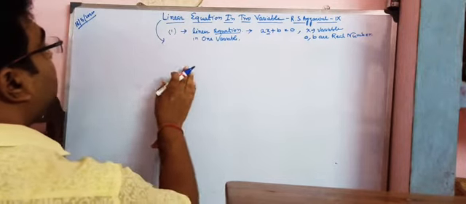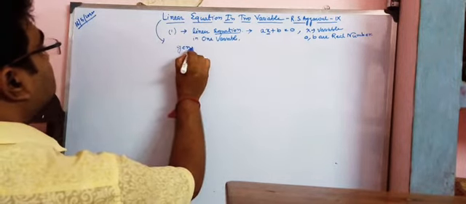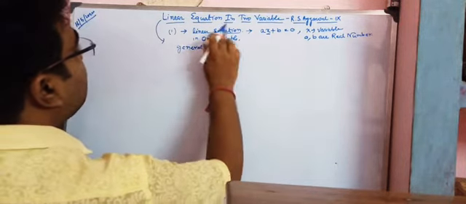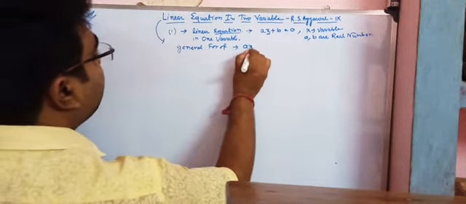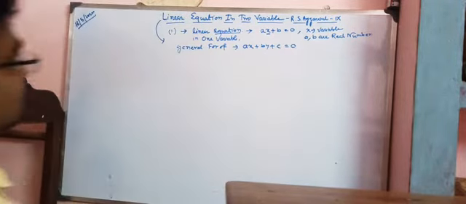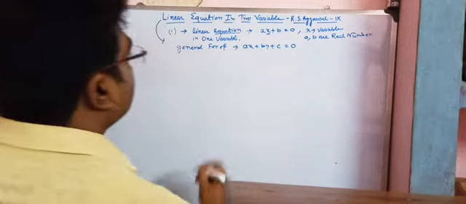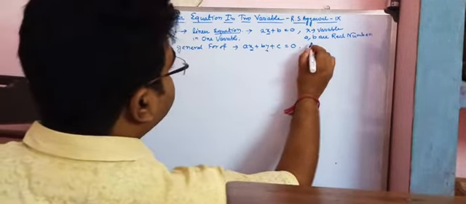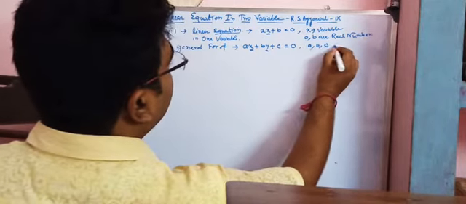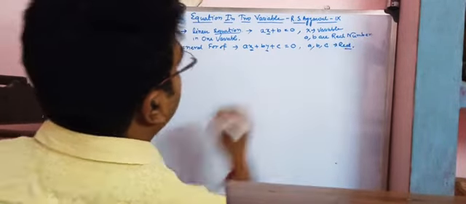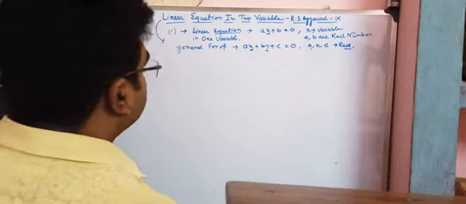A general form of a linear equation in two variables is ax plus by plus c equals 0, where x and y are the variables and a, b, c are real numbers.